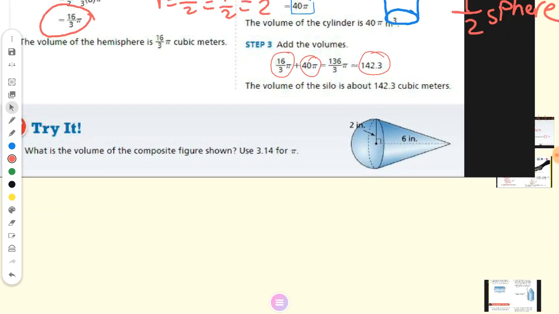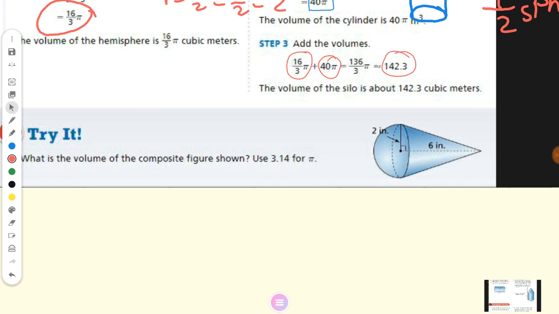This shape consists of what? As we see here, it's a cone and a half sphere.